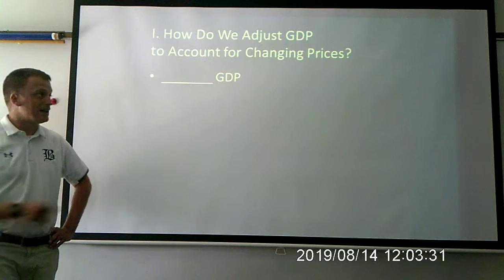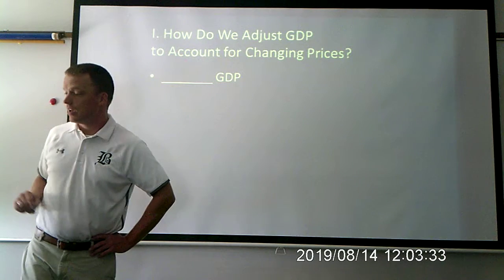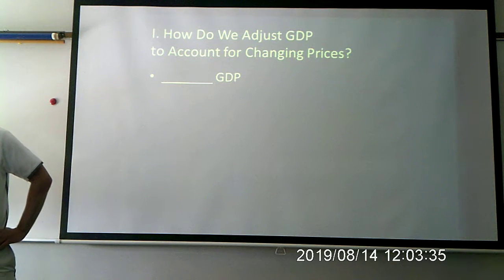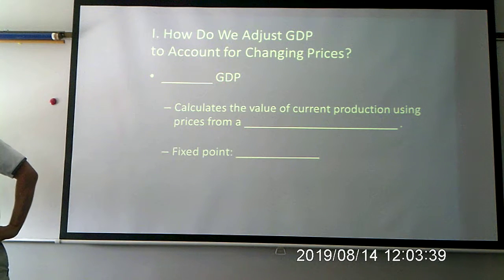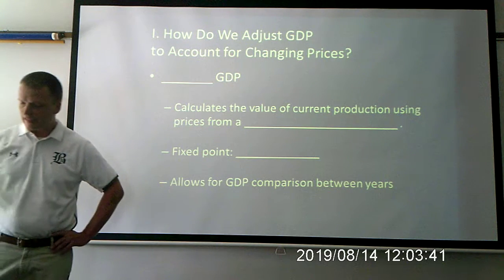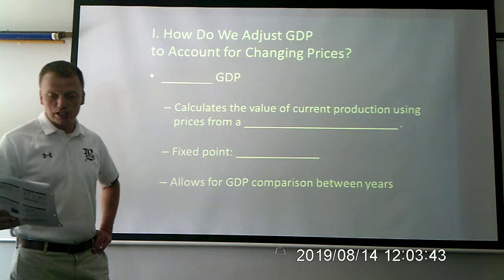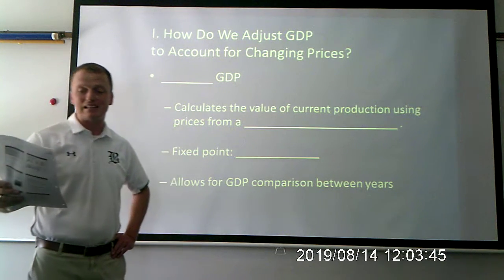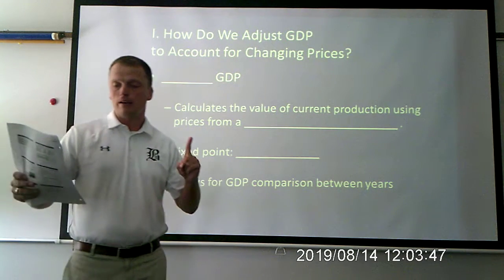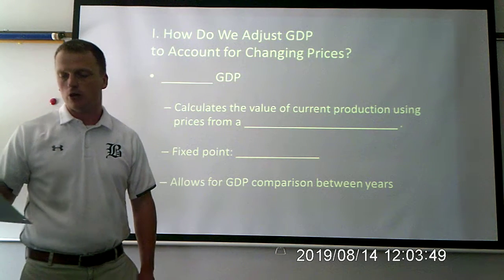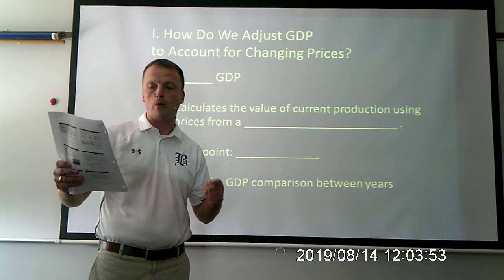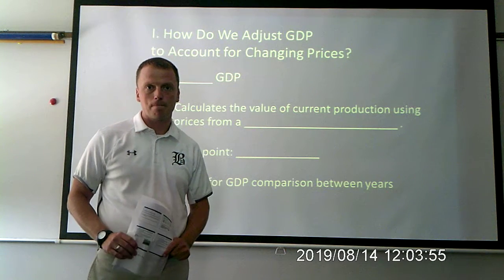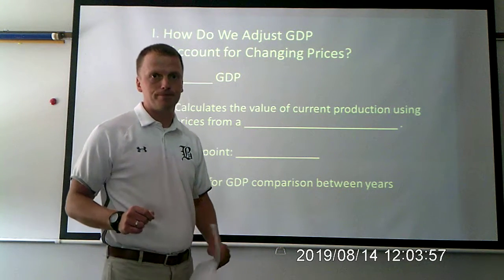real GDP, not nominal GDP in this case, real GDP. So what does real GDP tell us that nominal GDP does not? One of the things that real GDP tells us is that it calculates the value of current production using prices from a fixed point in time. So let's think about that.